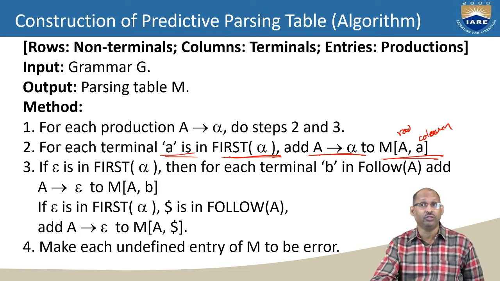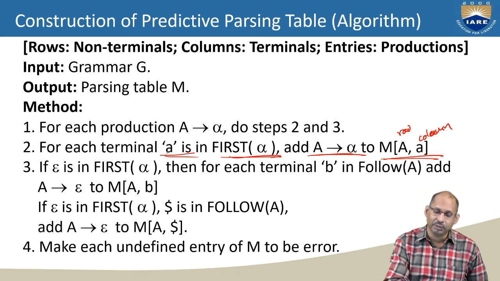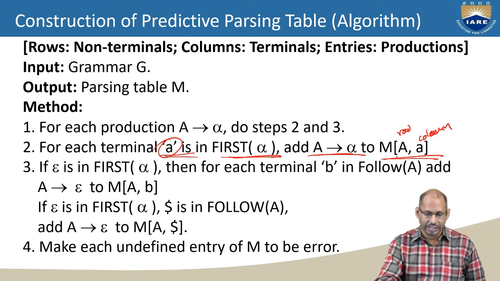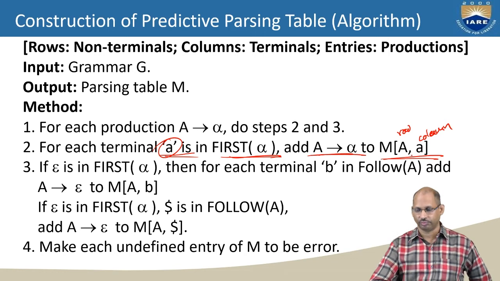But where we have to write it? So we consider first of A, that is first of alpha. The first of alpha has terminal a. For each terminal a, we write M[A, a]. In that table, we write this production A gives alpha.